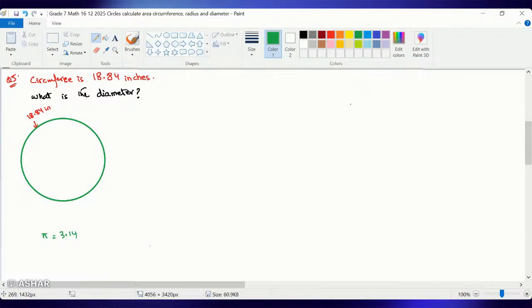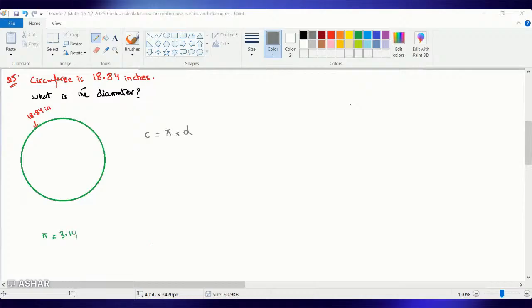That is the standard value of pi that we use. So in order to find the diameter, we have a formula that says circumference is pi multiplied by the diameter. Do we agree on this? Okay, good.